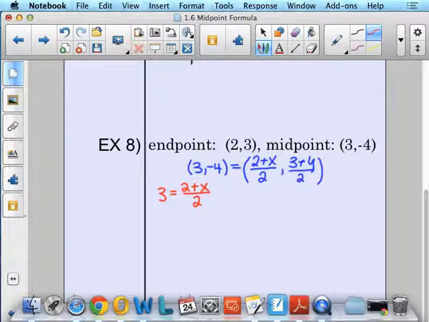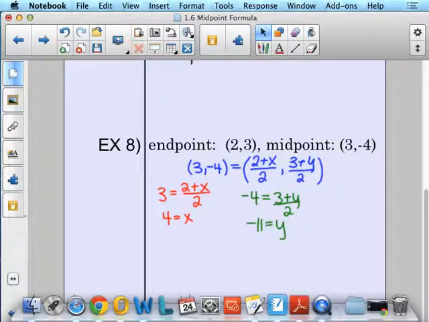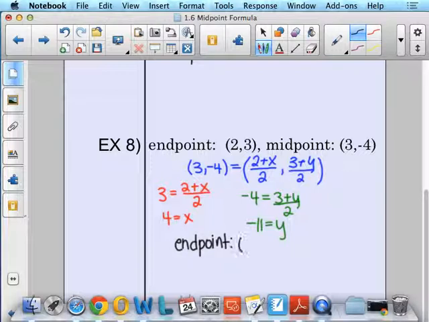If I multiply and subtract, I'm going to get that x is equal to 4. So all we're doing is solving for x. And then for the y values, -4 is equal to 3 plus y divided by 2. Same thing, if I multiply and then subtract, I'm going to get y is -11. So the end point that is missing is 4, -11.